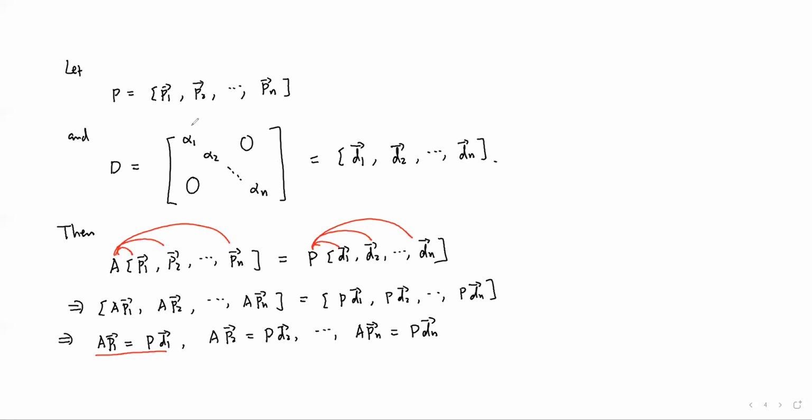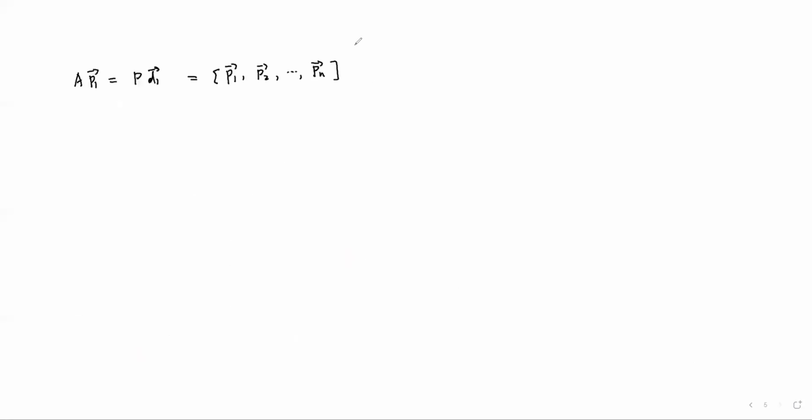Let me write down the right side in detail. Matrix P is column 1, column 2, up to column n. How about D1? D1 is the first column of matrix capital D, so D1 actually is a vector: alpha 1, 0, 0, 0.